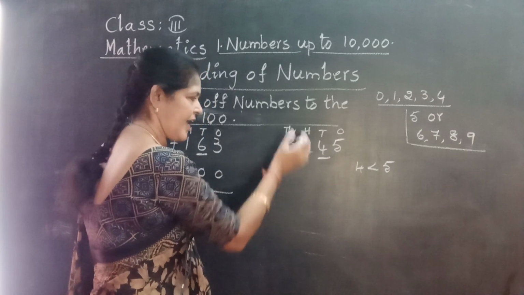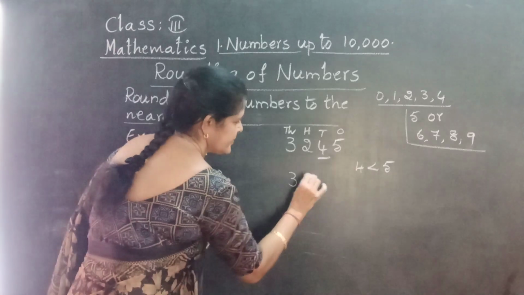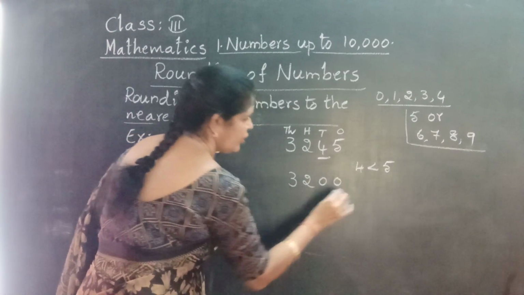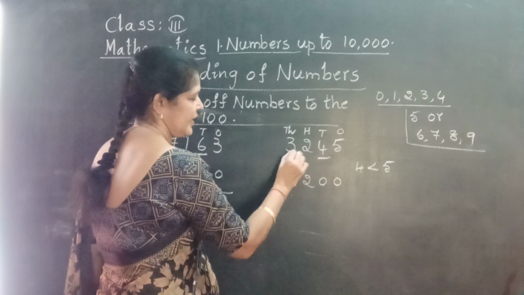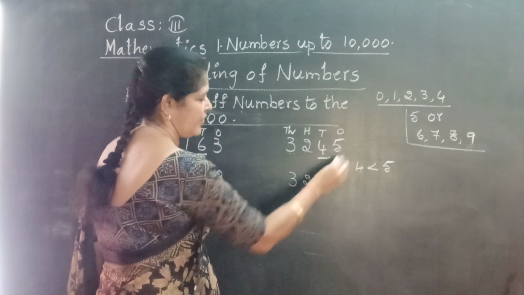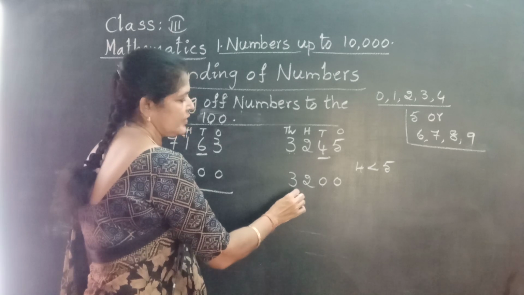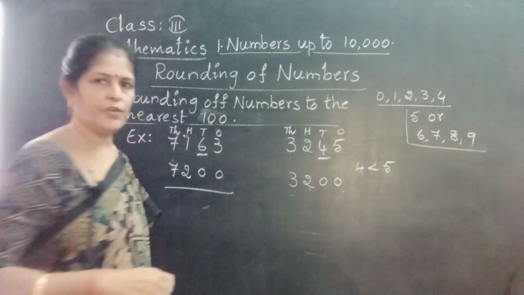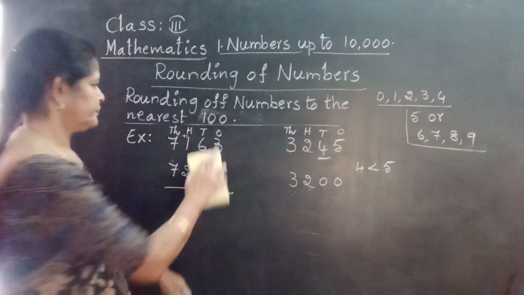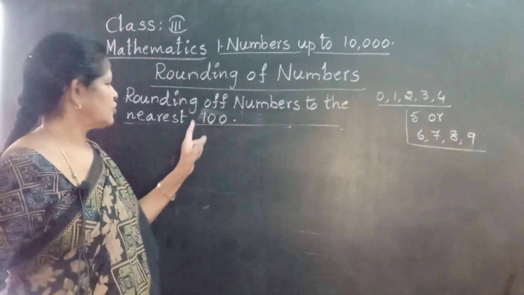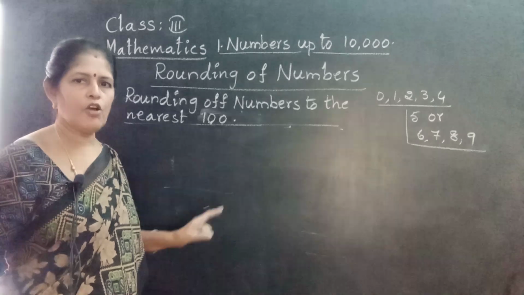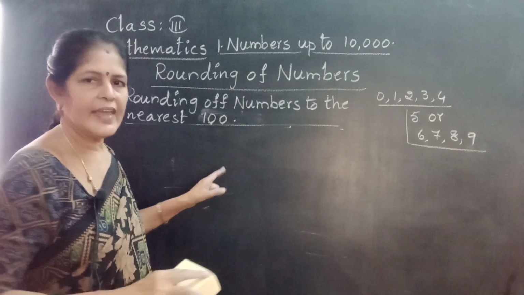Write the remaining digits as they are. Thousands, hundreds, put 2 zeros in the ones and tens. Then 3,245 is nearest to 3,200. Okay? Understood? This is rounding of numbers to the nearest 100.